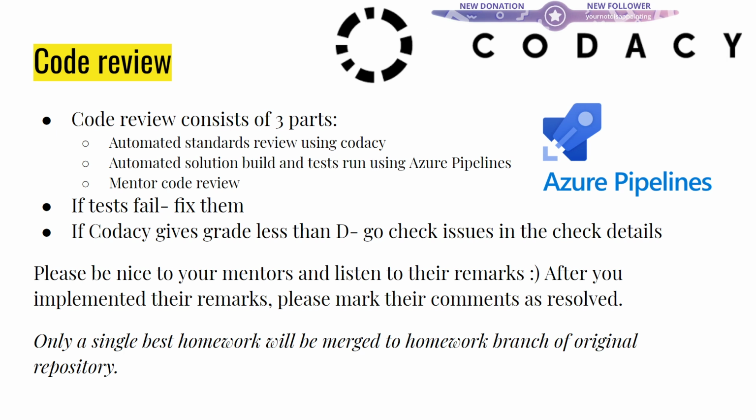So please be nice to your mentors, listen to their remarks, and if they gave you remarks, mark them as resolved in the pull request page. Lastly, after all homeworks have been accepted, which is right before the next lesson starts, we will select a single best homework and merge it to the source homework task branch.